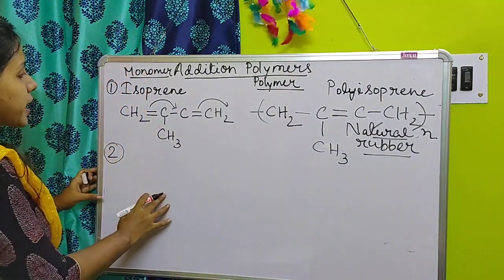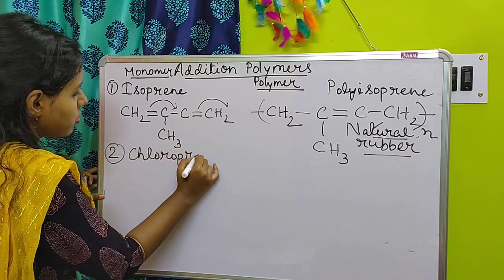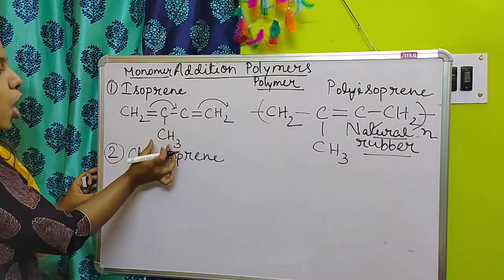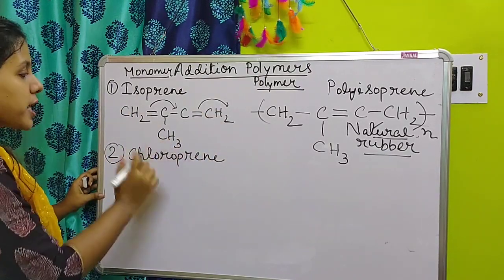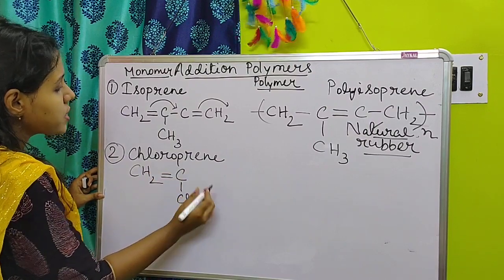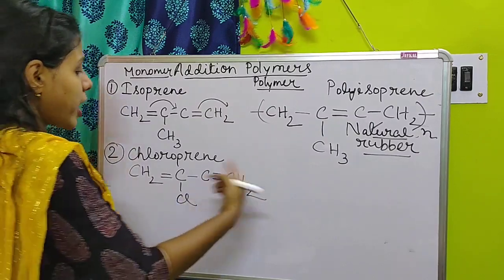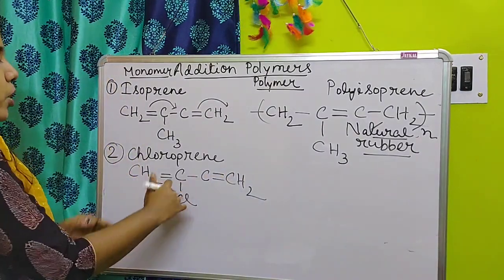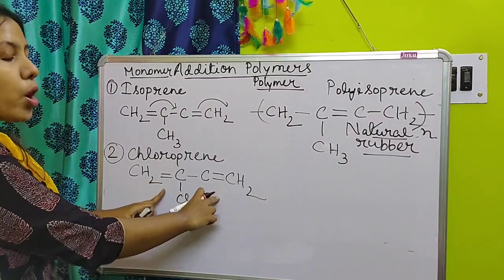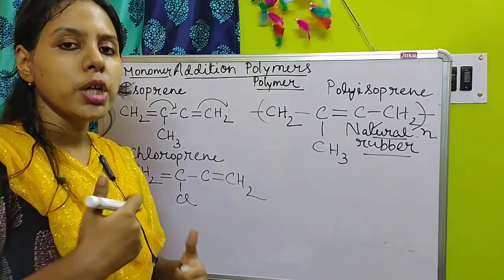Next is synthetic rubber, that is chloroprene. Chloroprene has the same chain, only Cl in place of CH3. So CH2 double bond carbon, single bond Cl, single bond carbon, double bond CH2. After polymerization, double bonds will change into single bonds, and the single bond will change into a double bond.